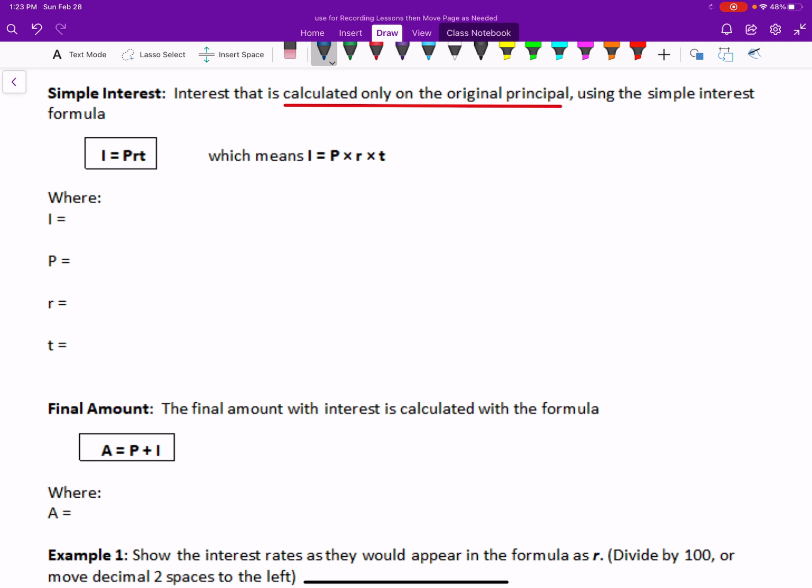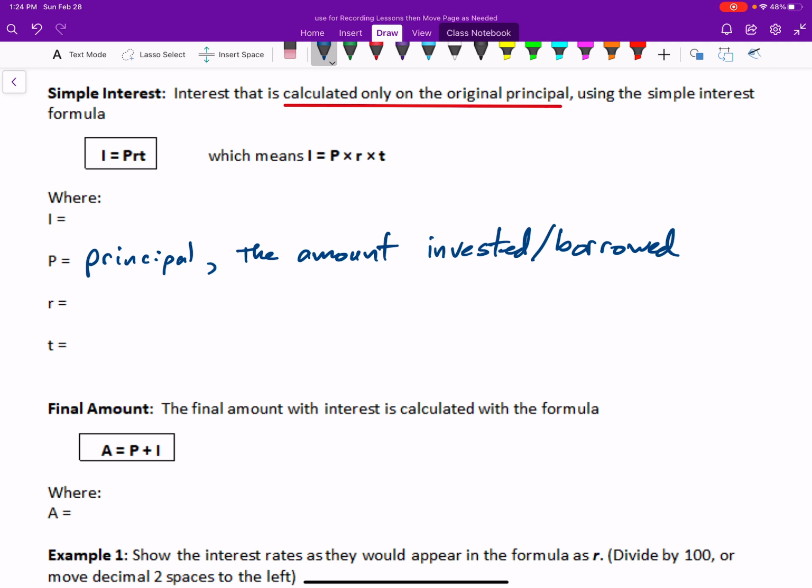This big P stands for principal, and that is the amount invested or saved, or I guess we could say borrowed. We could put them both down because it's the same thing. So if I go to the bank and get a loan of $100,000, that $100,000 is called the principal.